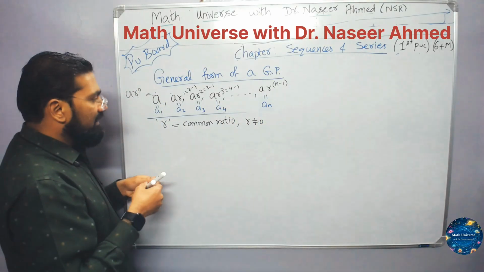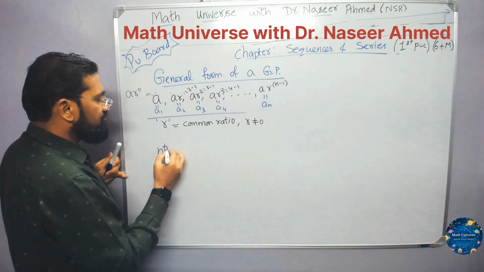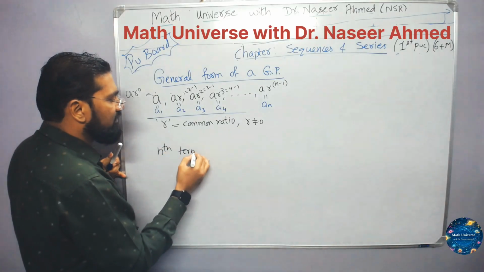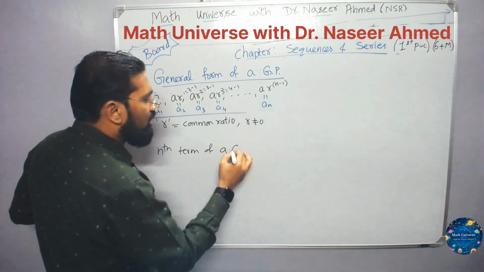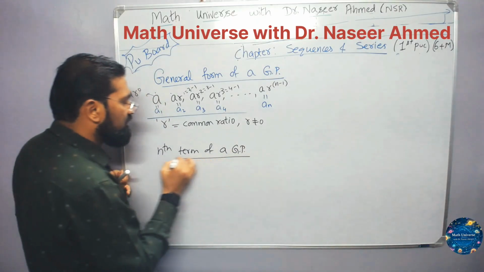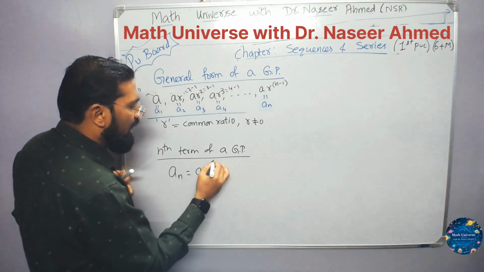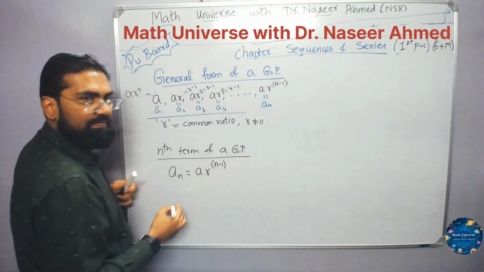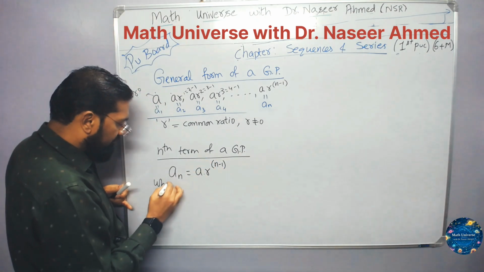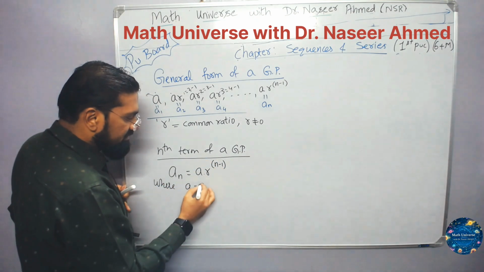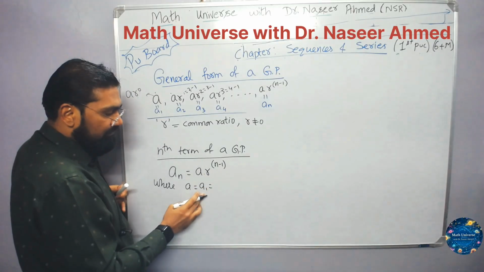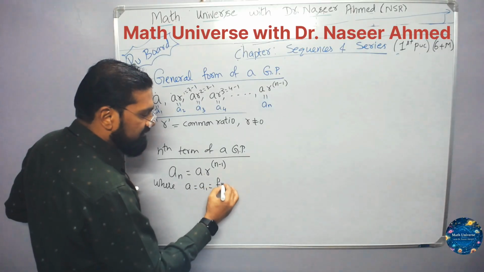Therefore, my nth term of a geometric progression will be an is equal to a into r power n minus 1, where a, which is actually a1, both are the same, a1 or a, both are the first term.